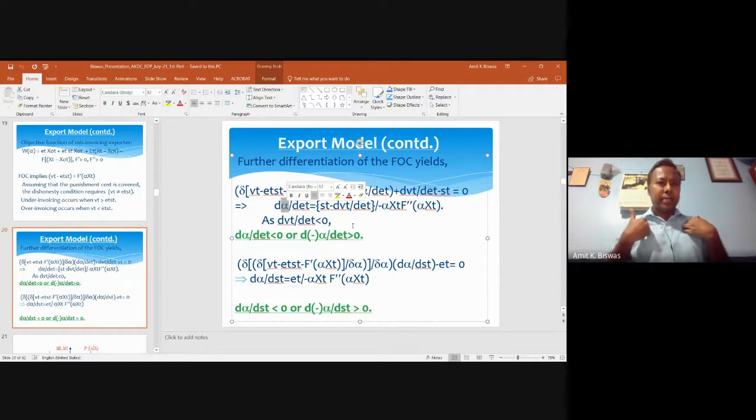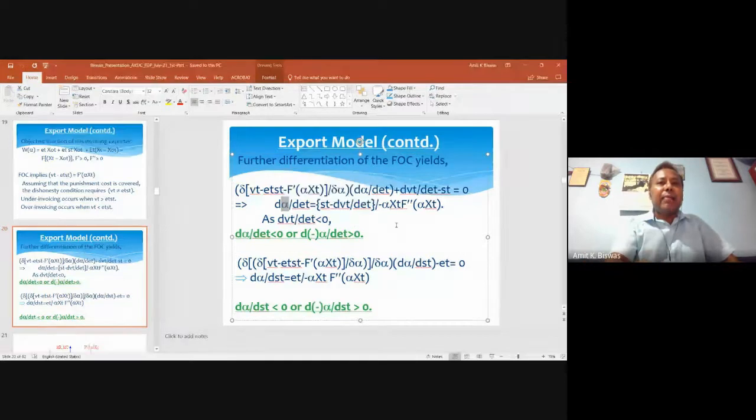Now I would see if my exchange rate devalues, then should I underreport more or underreport less? In the model that we are forming, it shows that if my currency devalues, I should underreport less.